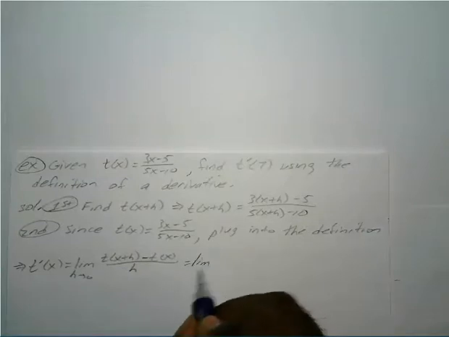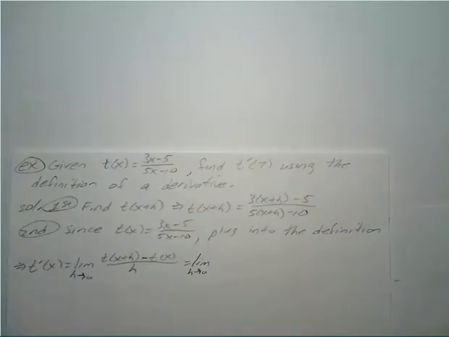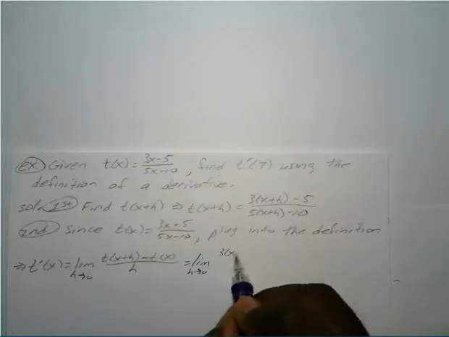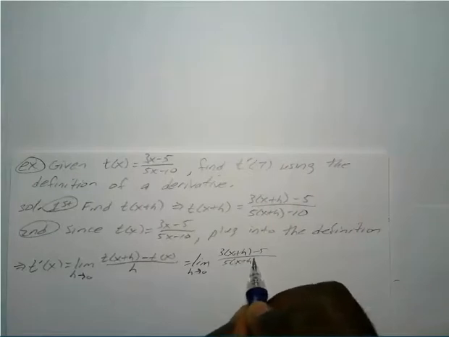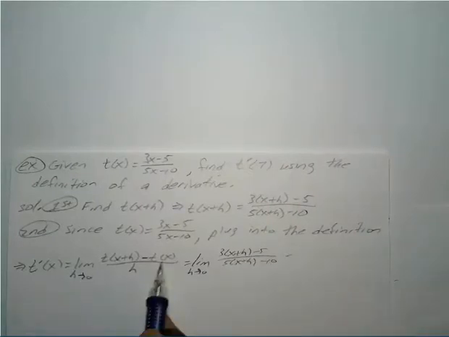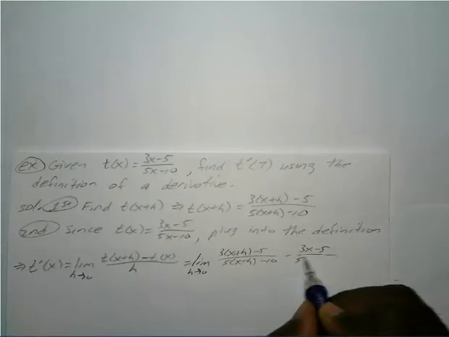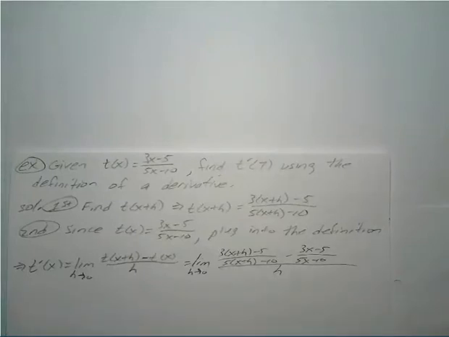So we have 3 times (x plus h) minus 5 over 5 times (x plus h) minus 10, minus t of x, which is 3x minus 5 over 5x minus 10, all over h.